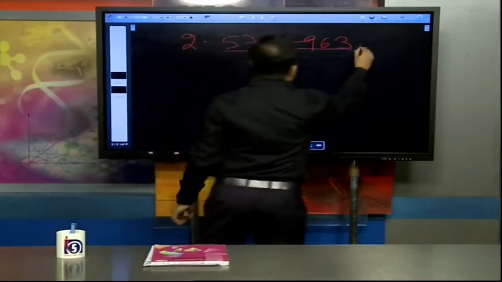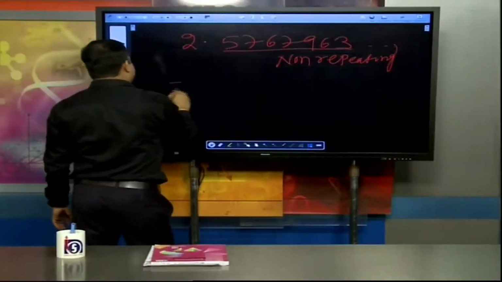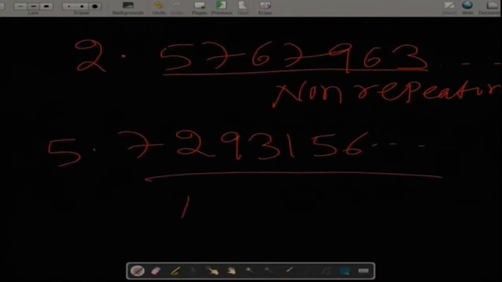I can say these are non-repeating. Again, I can write, suppose, 5.7293156 dot dot dot. Here also I can say non-repeating.